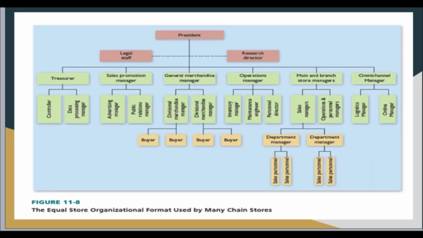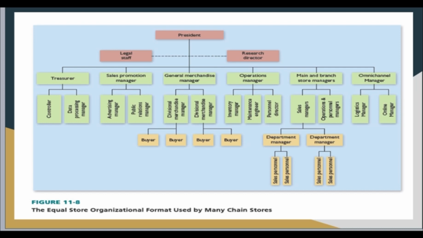This is the equal store organizational format used by many chain stores. In this figure we can see there is a president, a legal staff, and in the same line a research director.